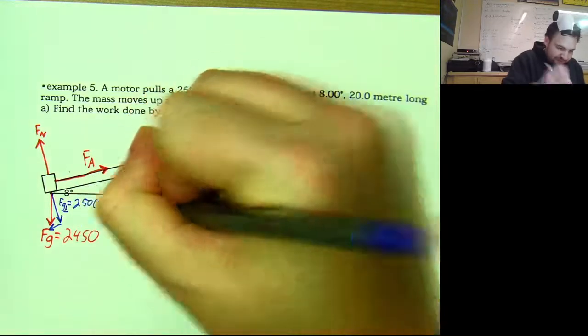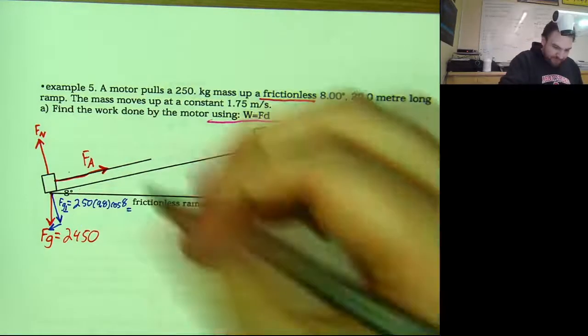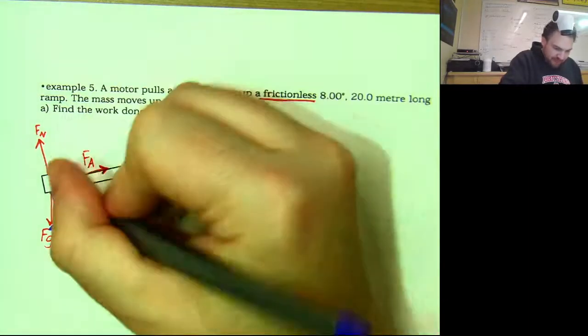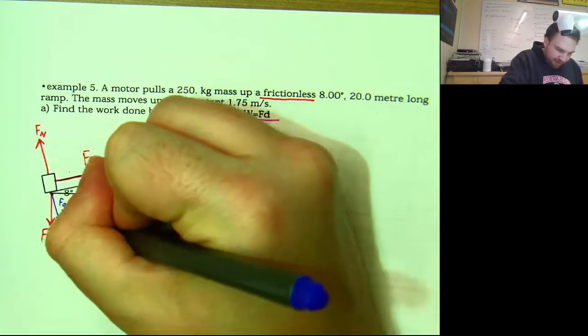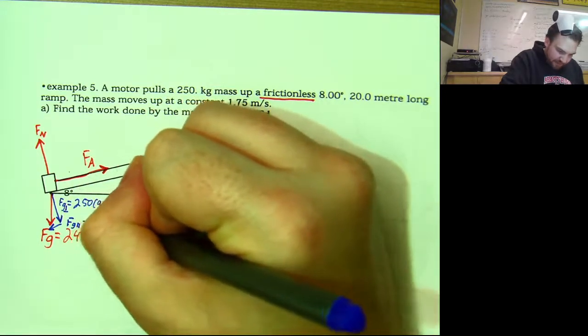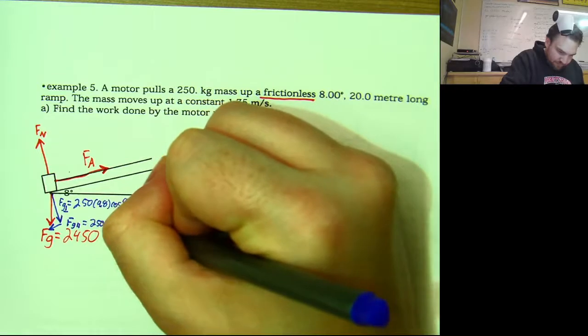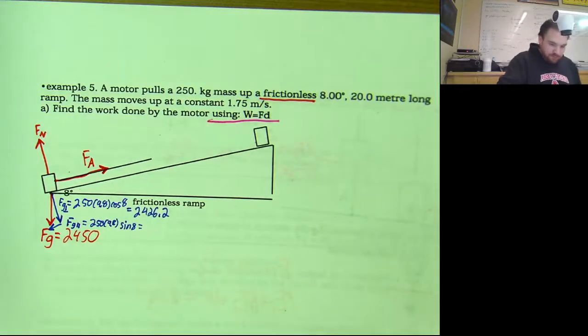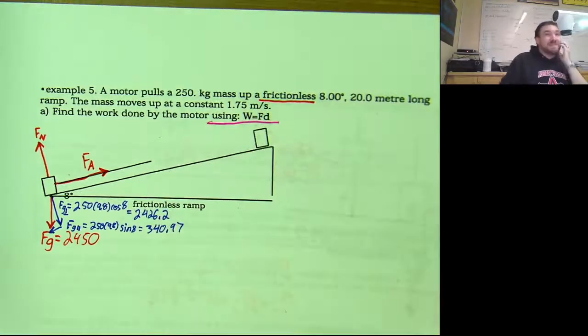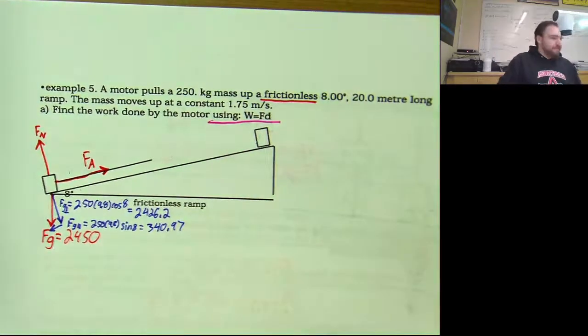The value you got for that, Zach, was what? 2426.2. And my FG parallel is going to equal 250 times 9.8 sine 8. Zach? 340.97. Okay.